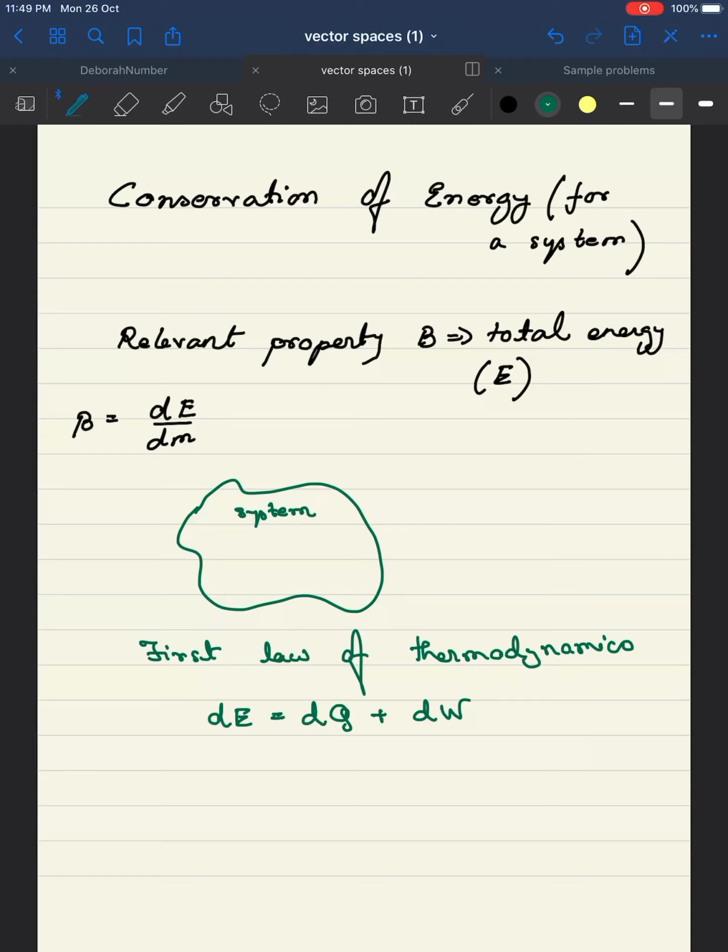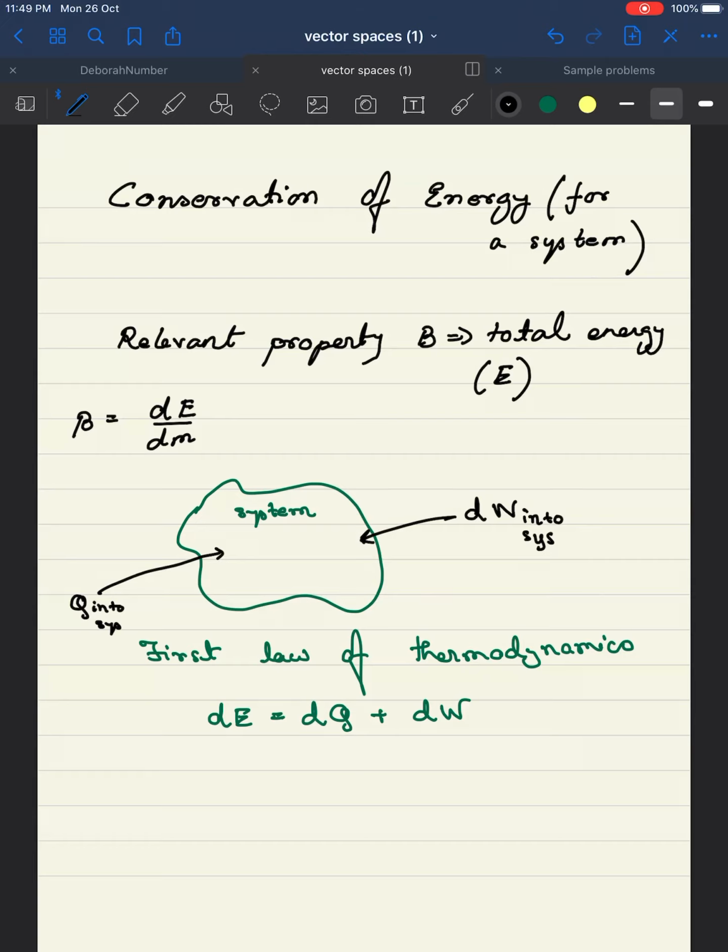So now dW here is the work done into the system, and this is heat energy again into the system.